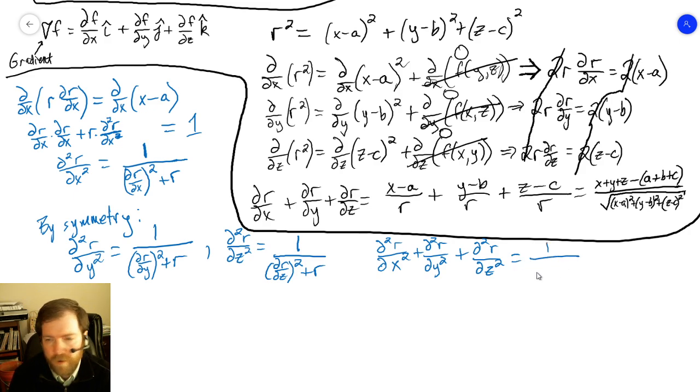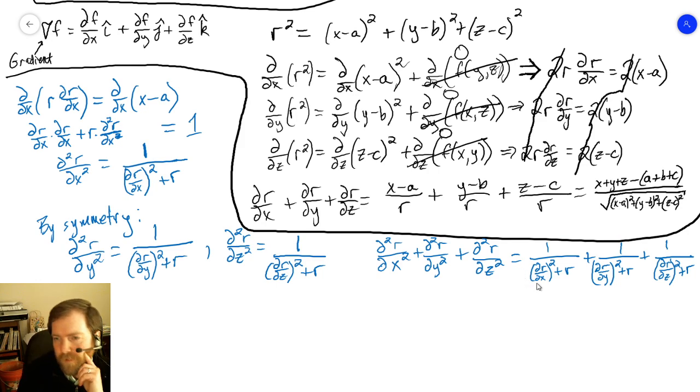So 1 over dr dx squared plus r, plus 1 over dr dy squared plus r, plus 1 over dr dz squared plus r. Not sure I like this very much, but you know, it works.